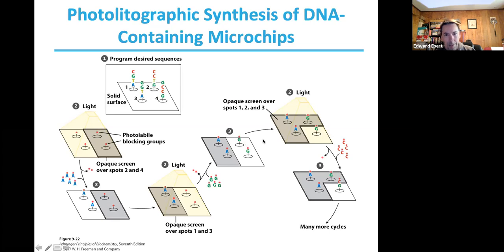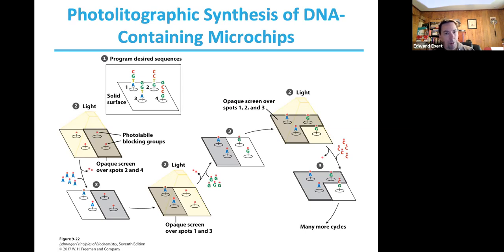We only want to add C to position 4 to the guanine that's there, so we cover up positions 1, 2, and 3, and then add our treated cytidine in there, and it will bind there as well too. Next, you can see we will be adding thymine to positions 1, 2, and 3. So we cover up 4 and do that, and we just do this over and over again.